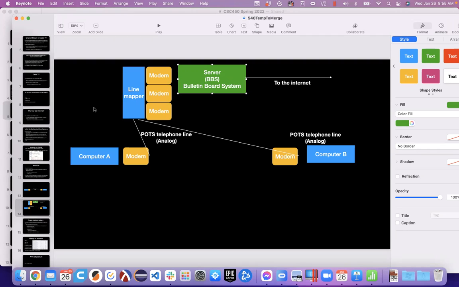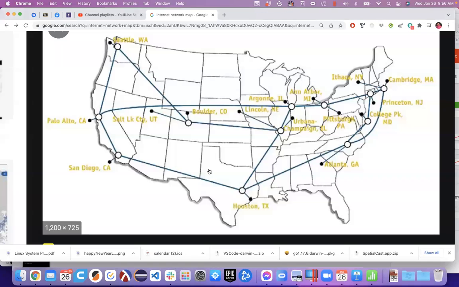I was sitting inside a lab with like 20 computers in it, all networked together and connected directly to the server. But one way or another, you had computers hooked to this server. And in this picture, those servers are these white dots, and those white dots are then connected to each other.